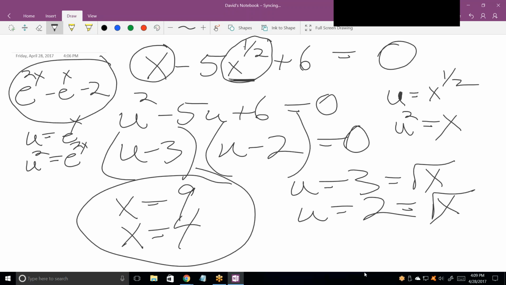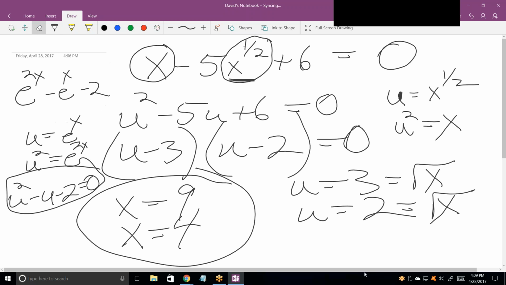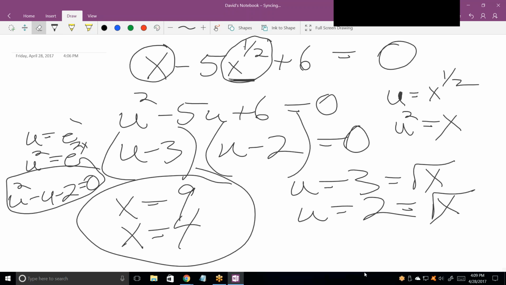Then I would just substitute, and I'm looking at u squared minus u minus 2. Well, I can factor that real easy, and then go back and resubstitute. So always be on the lookout for quadratics in disguise.